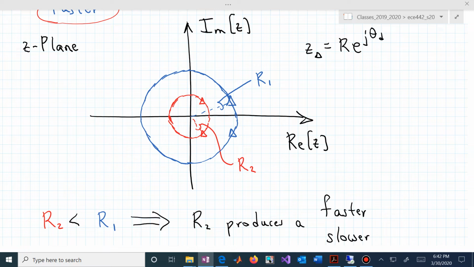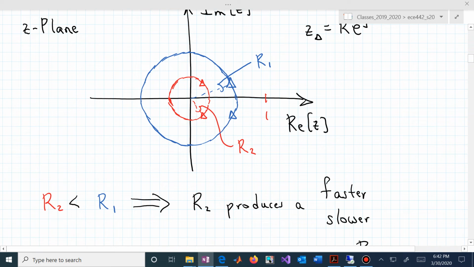We're assuming that both of these circles are inside the unit circle, or otherwise we wouldn't have settling time. We would have an exponentially growing response. So now we're assuming that these circles are inside the unit circle.